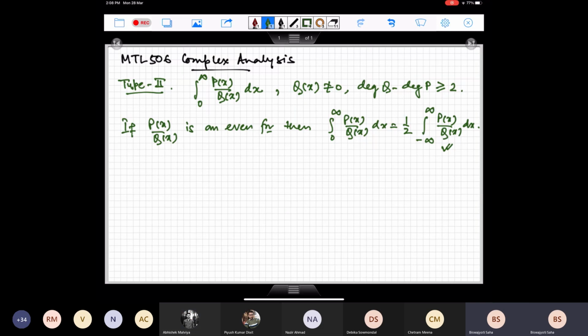Okay, so this is what we would like to do now. Let's see what I do. First of all, I would like to take a contour, and we will see how that contour helps us.